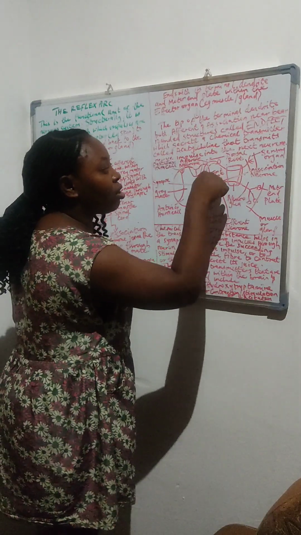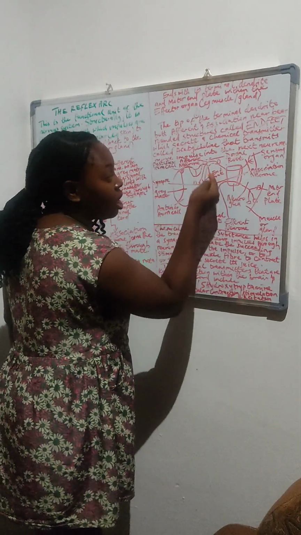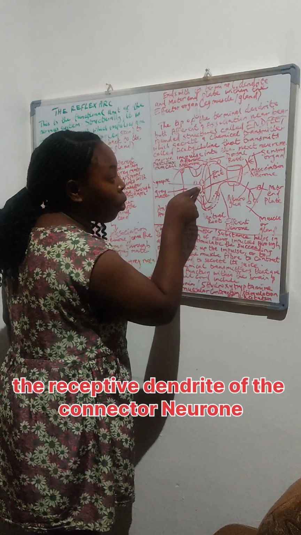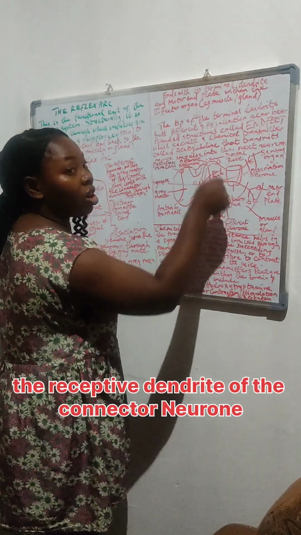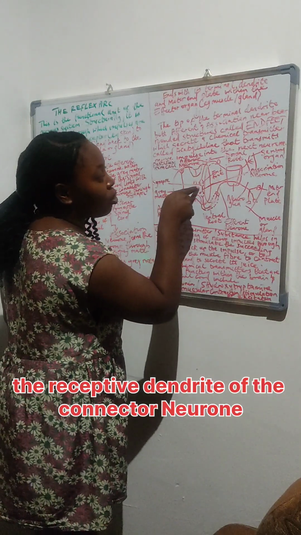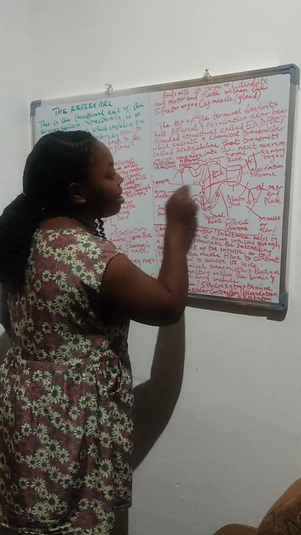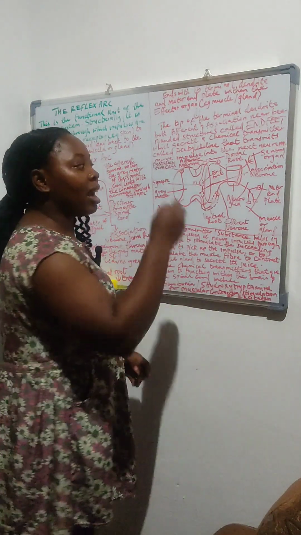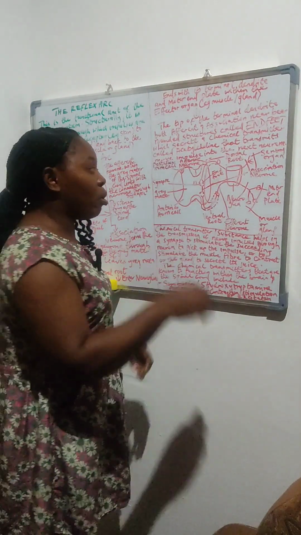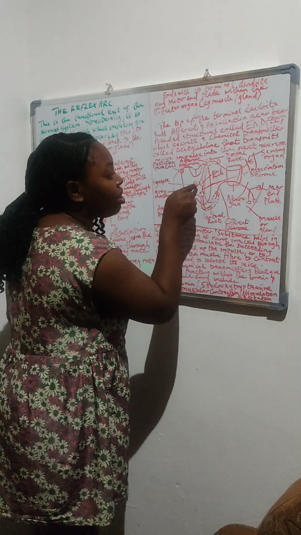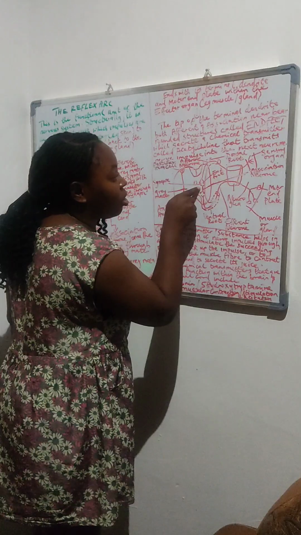It is this end foot that will release acetylcholine. It will stimulate this connector neuron. So there will be passage or transmission of nerve impulse to the connector neuron. So this is a synapse. I told you that a synapse is a gap, a space whereby there is transmission of nerve impulse. So it's going to stimulate this connector or association neuron.